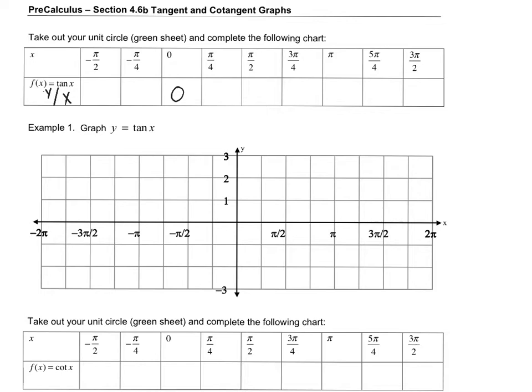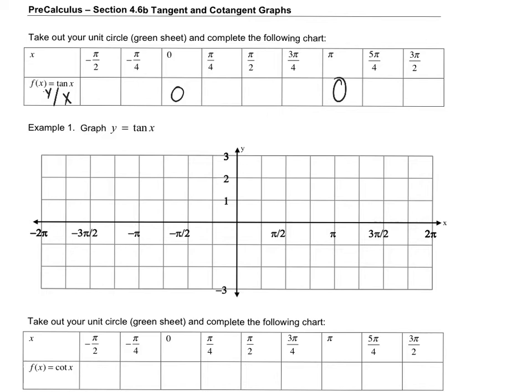That happens again at pi, because although my x value is negative 1, my y value is still 0, so that fraction still comes out to be 0. All right, now let's look at pi over 2 and 3 pi over 2. And then negative pi over 2 is the same thing as 3 pi over 2. They're coterminal angles.